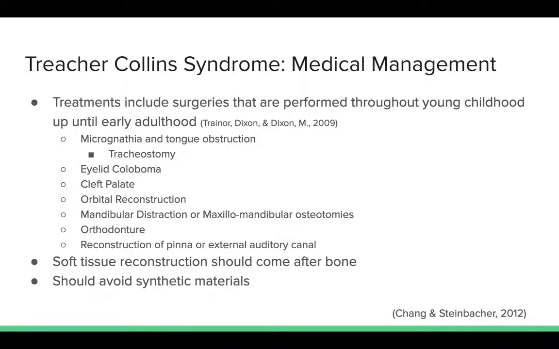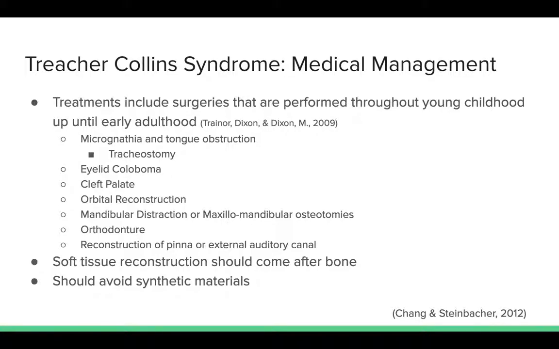This is important for speech development, articulation, and swallowing. Mandibular or maxillomandibular osteotomies align the jaw and/or the maxilla to be straight. So this also helps with improving airway passage.